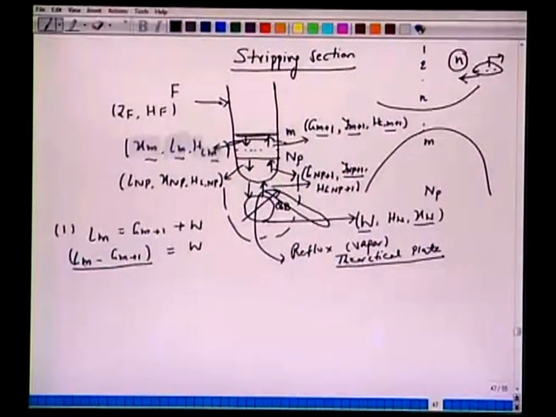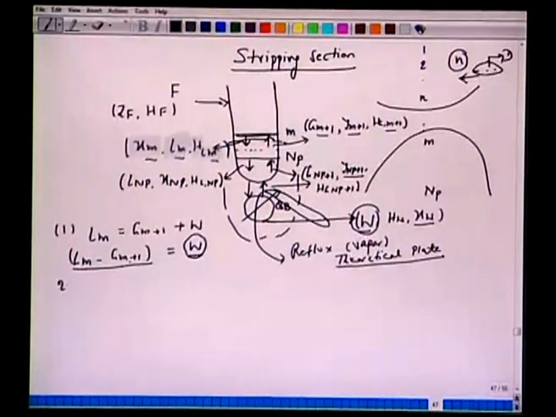What does it mean? Lm minus Gm plus 1, L1 minus G2, L2 minus G3. The difference of the molar flow rate of the liquid leaving this tray and the vapor reaching that plate is a constant, same as W. You can compare this with Ln minus Gn plus 1 and the top product, which was D. So this is going to give us a difference point for this bottom column.